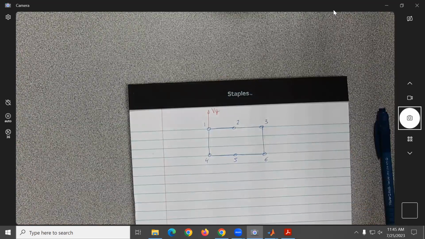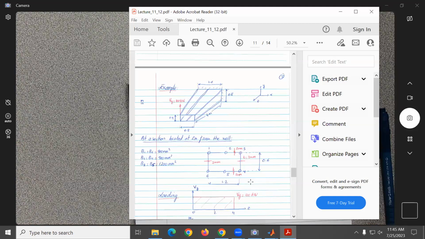Okay, so let's remember here the dimensions. What do we have? So I guess it's going to be 600 millimeters over here on the height, and then 600 and 600. Okay, that's fine. Everything is 600.